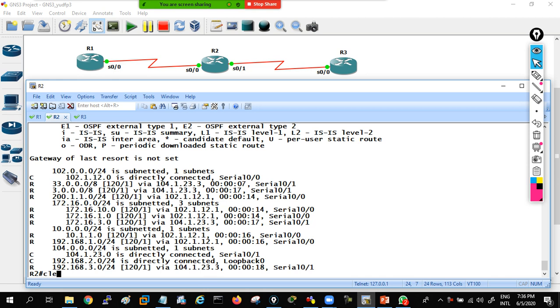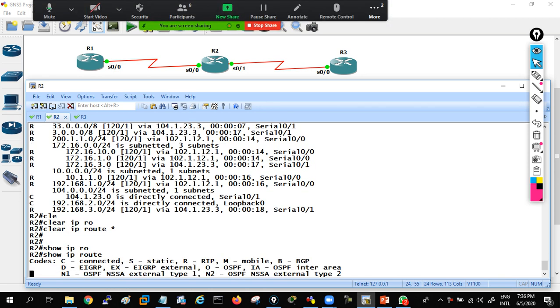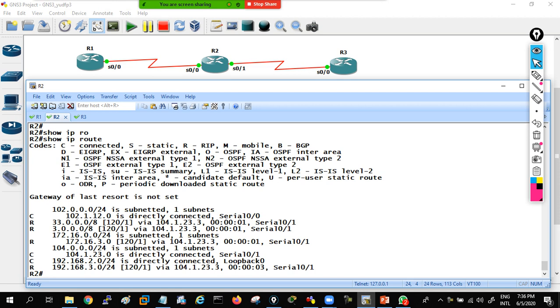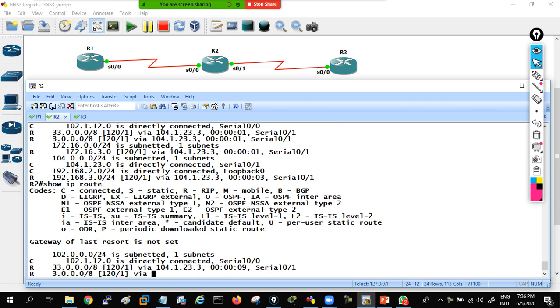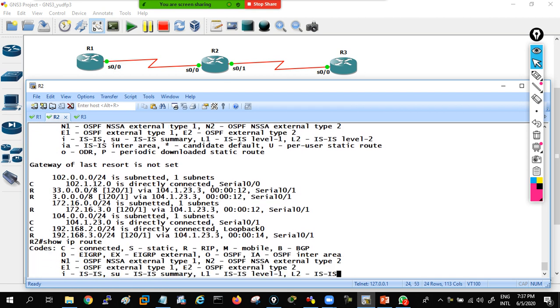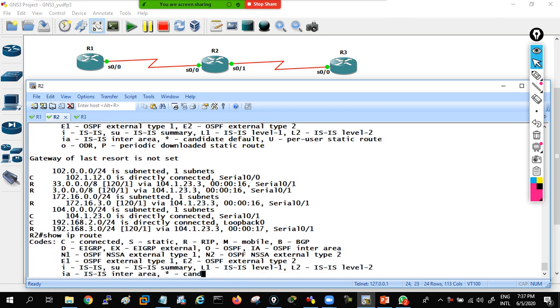Everybody is okay. Now what I'm going to do is for you to understand. Did you see here, guys, everybody? Did you see any routes related to router 1? You cannot see them in this routing table. Observe it closely, guys, because router 1 is not sending any updates either. Did you see that?